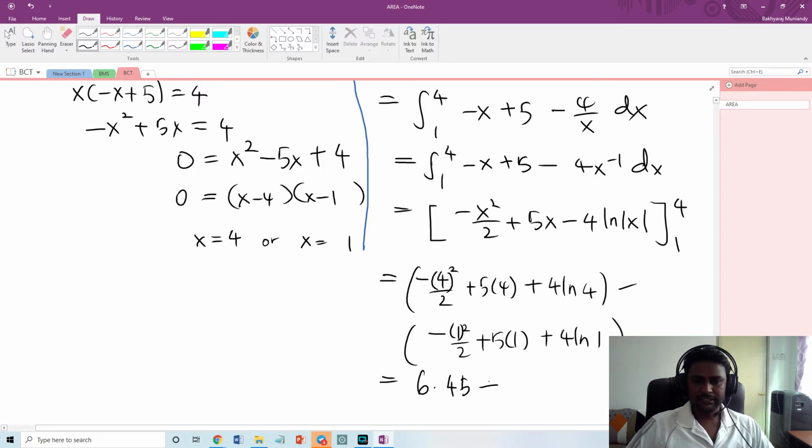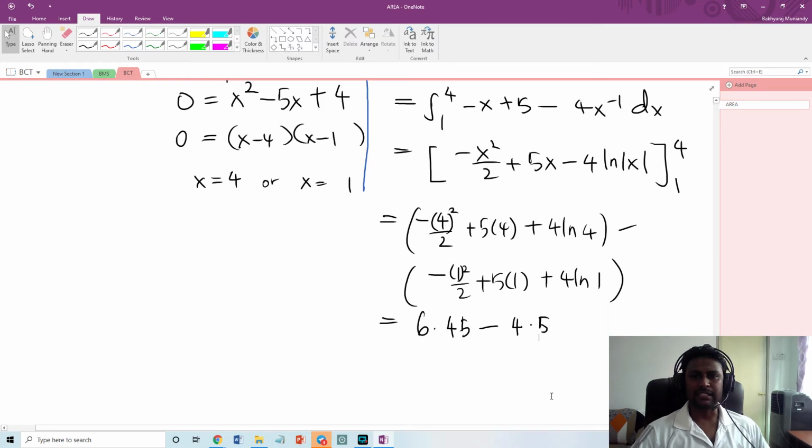Minus, when you substitute 1, you get, correct, 4.5, right? Since we want to go for decimal, we can straight away change to decimal. 4.5.